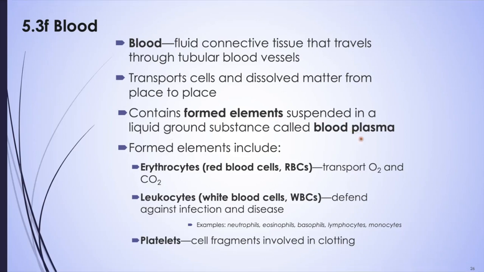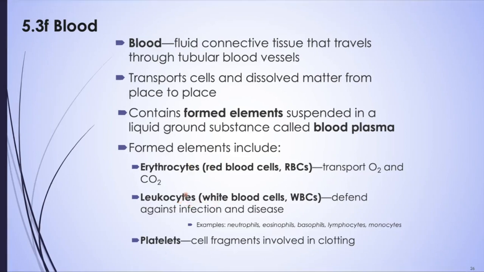The formed elements include red blood cells, white blood cells, and platelets. So red blood cells, get yourself another name now that you're a next level up. We're going to call them erythrocytes. Like I said, the purpose of the erythrocyte is to transport oxygen and carbon dioxide. Leukocytes is another name for white blood cells.